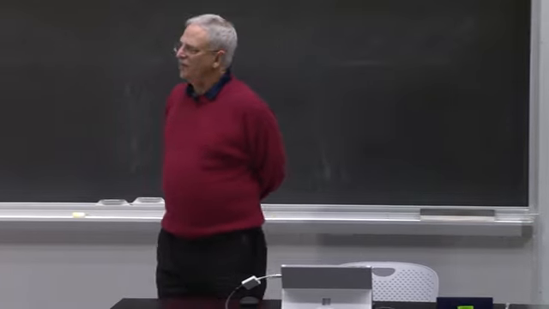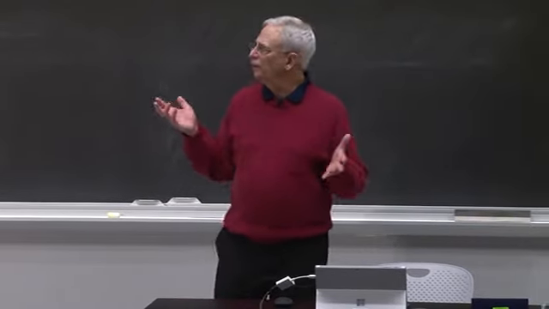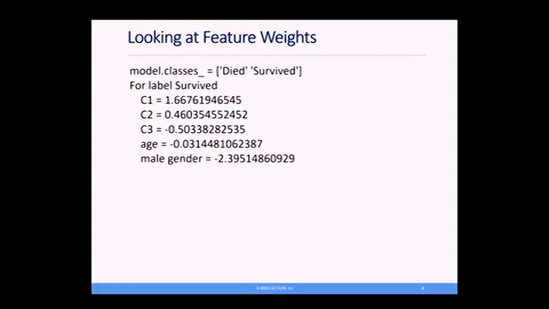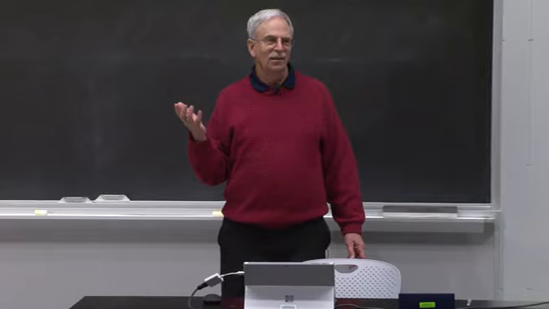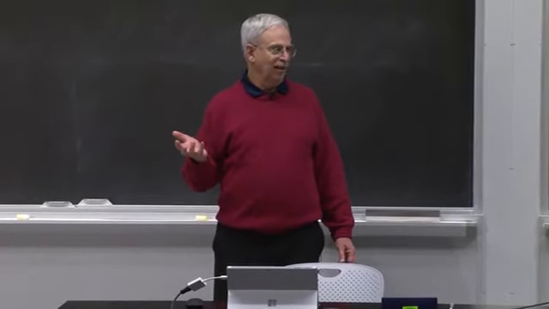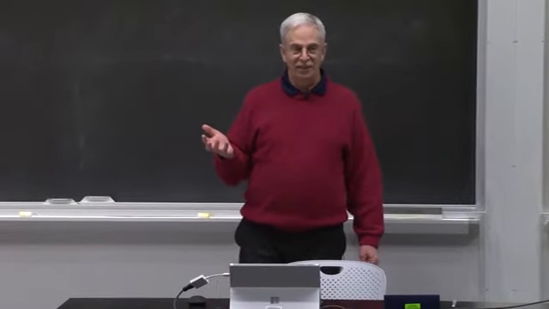A second-class cabin also has a positive weight, in this case of 0.46. So it was indicating you had better than average chance of surviving, but much less strong than a first class. And if you were one of those poor people in a third-class cabin, well, that had a negative weight on survival. You were less likely to survive.